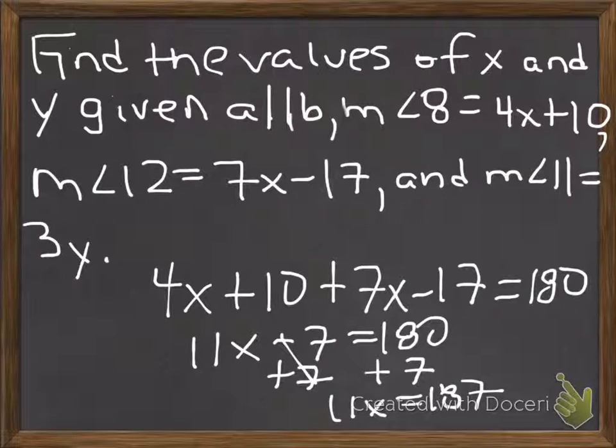So 11x equals 187. We're going to divide by 11, which gives us 17.